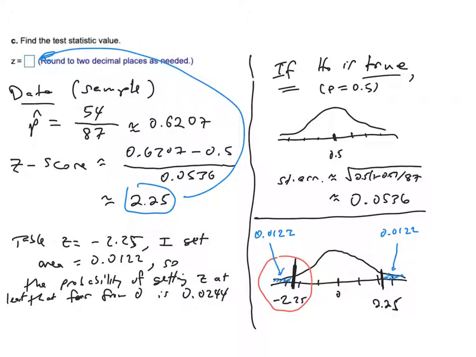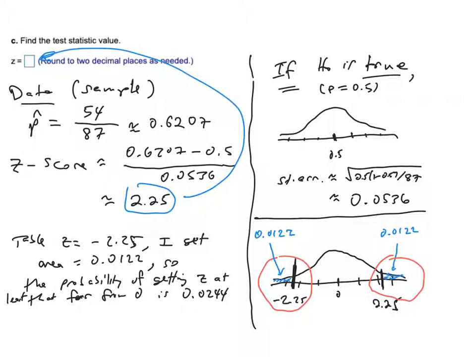So 0.0244 is the probability that if you got a random observation, that observation's z-score would be at least 2.25 standard deviations away from the mean in either direction. And the reason that we're saying either direction is because our alternative hypothesis was that p is not equal to 0.5, which means that the alternative hypothesis was not biased towards p being greater than or less than something. It was simply not equal to.